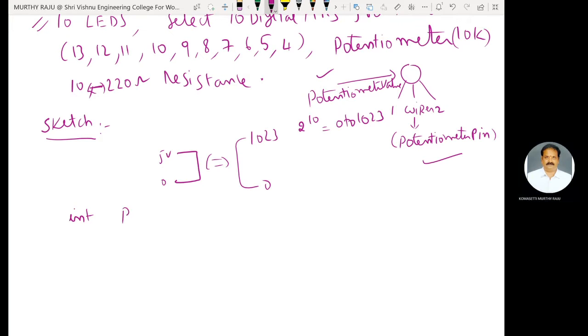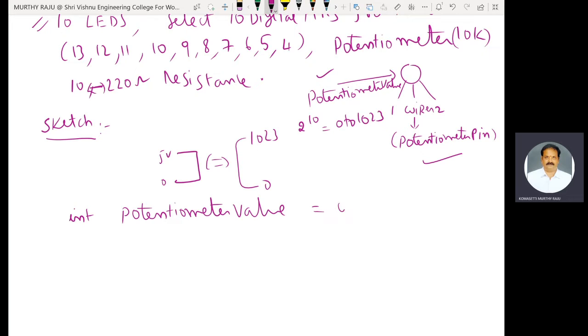Integer potentiometer value. Initially that potentiometer value is 0. Next, integer potentiometer pin.